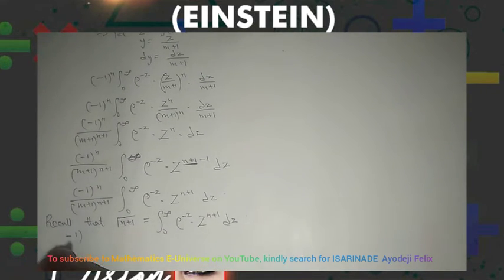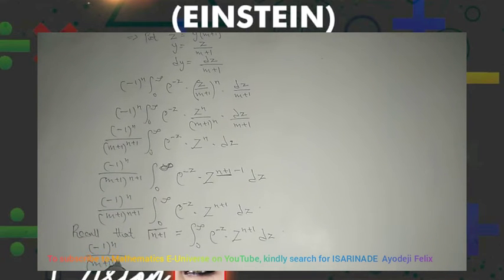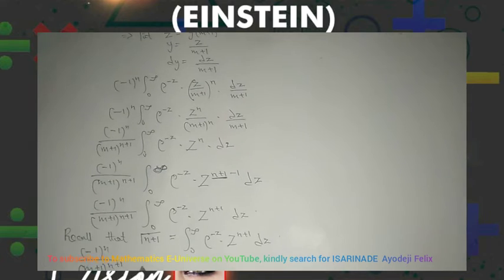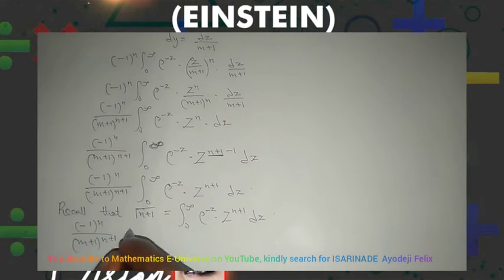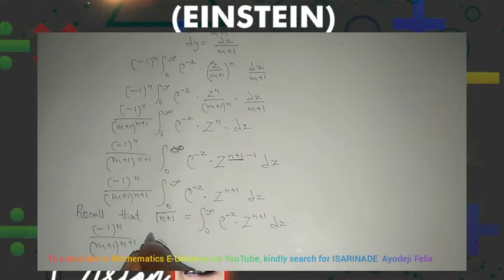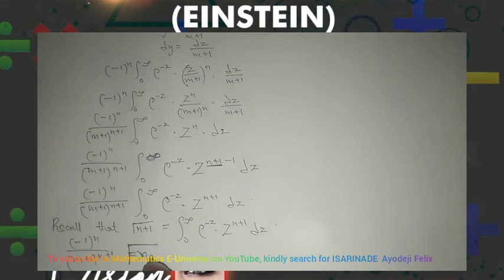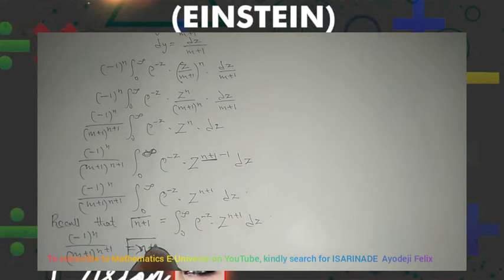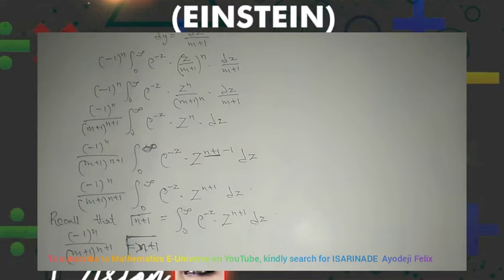Therefore, minus 1 raised to power n over m plus 1 raised to power n plus 1, multiplied with this, we have gamma of n plus 1.